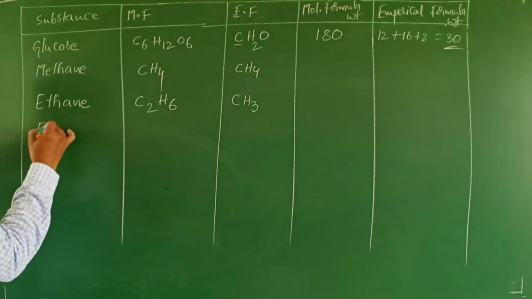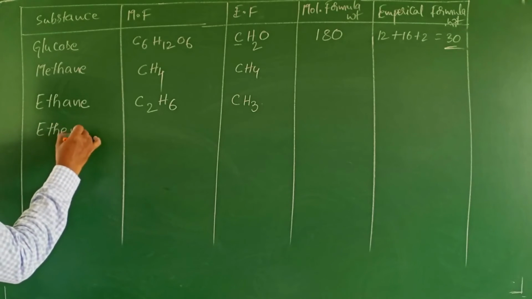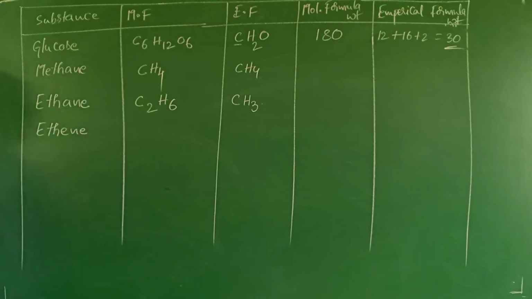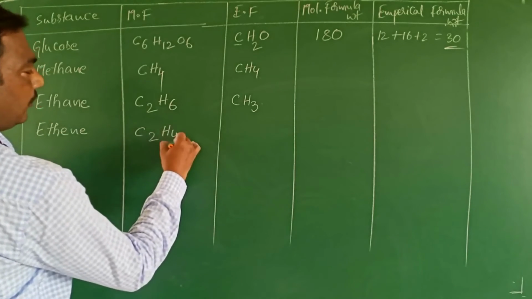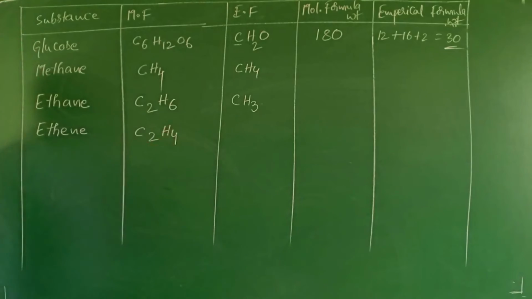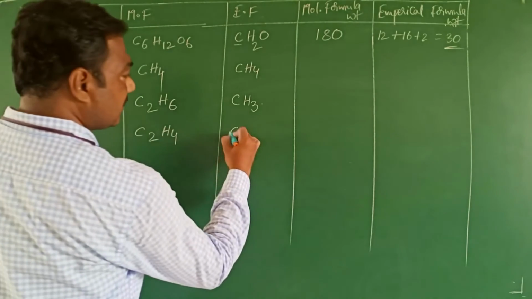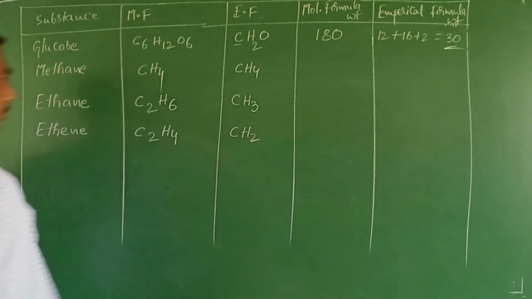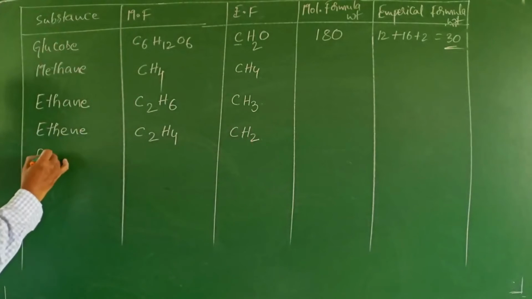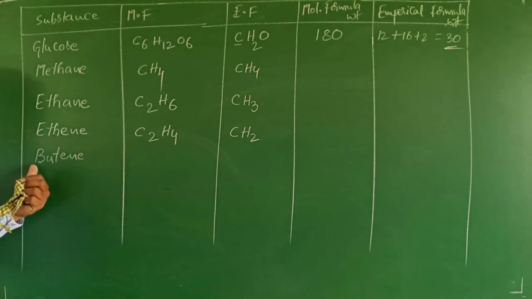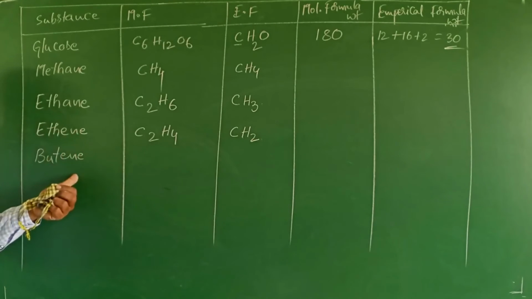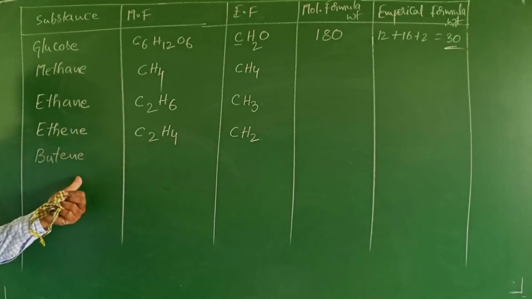Now come to the next example, ethene. It is C2H4. Now what is the simplest ratio you can write over here? It is CH2. Next one, you take here butene. You are not a stranger to these simplest organic chemistry terms.